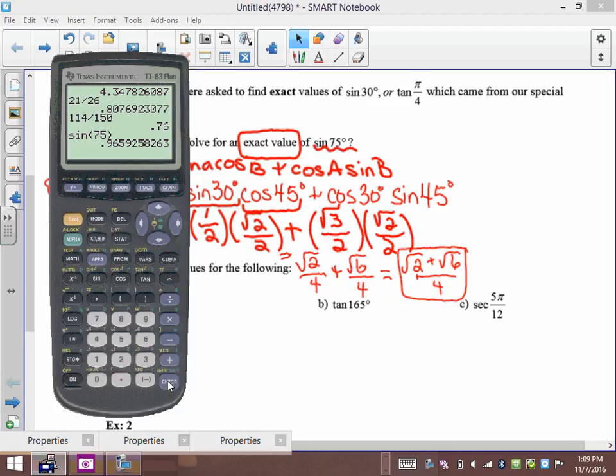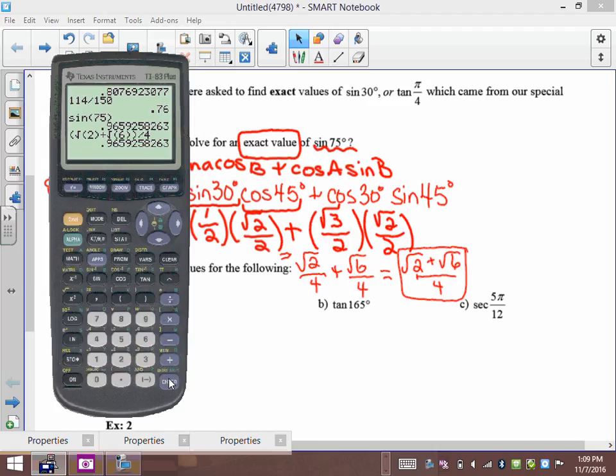So that's my answer in not exact values, right? I can take my answer in exact values and see if they match. Square root 2 plus square root 6, all in brackets because it's 2 terms, divided by 4.